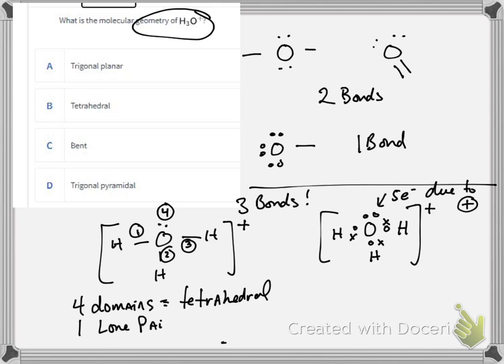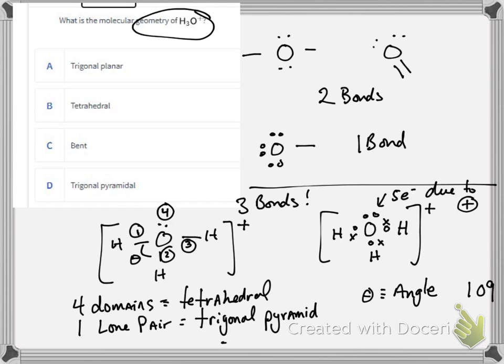But because there's 1 lone pair, or only 3 molecular domains, we're in trigonal pyramid. So if we look at the angle here, because it's tetrahedral, it would be 109. But because of the lone pair, the extra electron-electron repulsion, we put a less than sign. And that would give us trigonal pyramid.